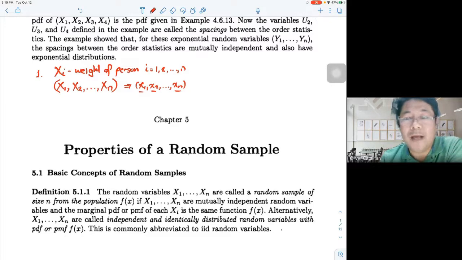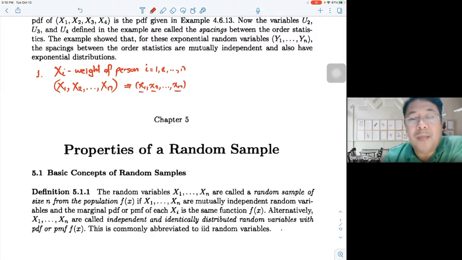So we obtain our multivariate data. In this way of obtaining multivariate data, the random variables x sub i are independent, and at the same time they have the same distribution, because they refer only to the weight of a person.